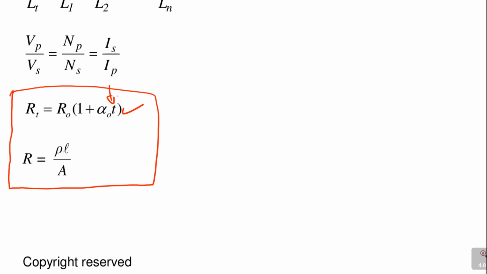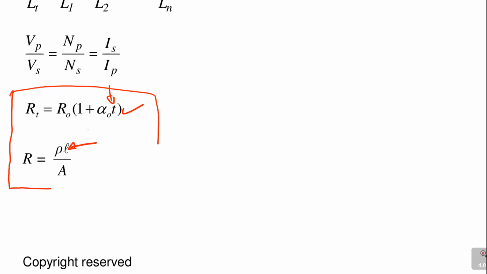Whenever you're dealing with resistance and you see temperature, just know that it is the first formula. The second formula talks about the length and the area or the diameter. The moment they mention diameter or length, it is this formula which has got A.